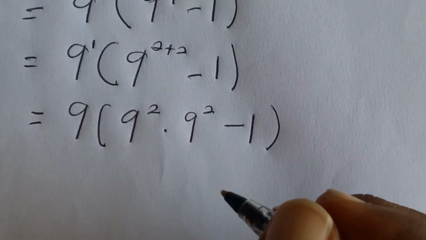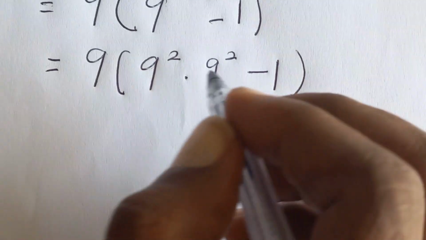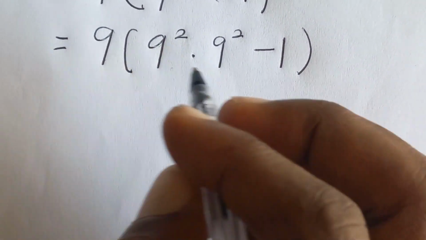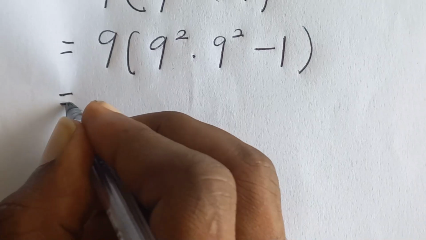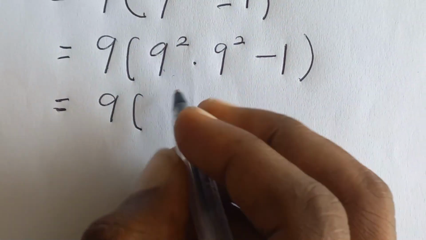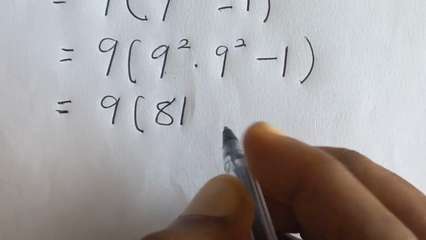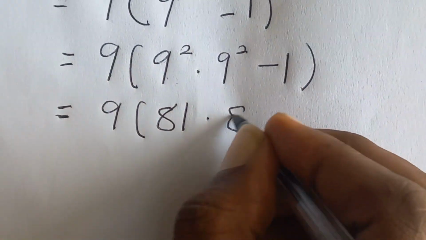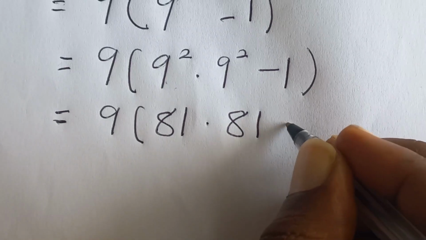And don't forget, because we are not using a calculator, that's why we are simplifying things out here so that it will be easy for us to multiply. So 9 into bracket, 9 squared is 81, which is common for us. Then multiply by 9 squared again, which is 81, minus 1.